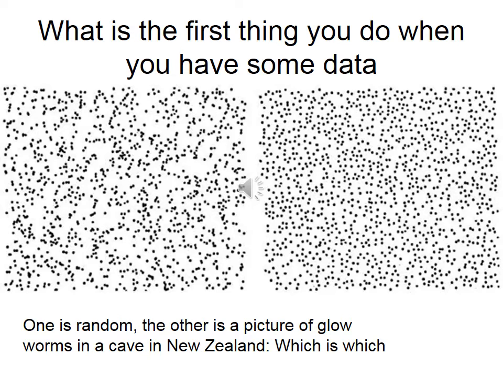The answer is the one on the right are the glowworms in the cave. Why is that? Think of what they are doing, these glowworms in the cave in a mud wall. They are trying to look for food, and if there is somebody else in their space, then they are going to eat their food.